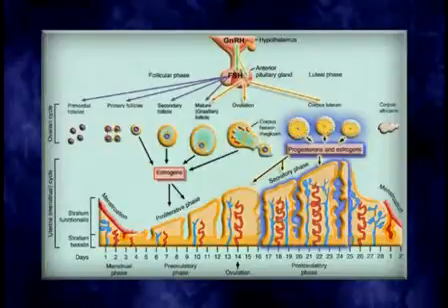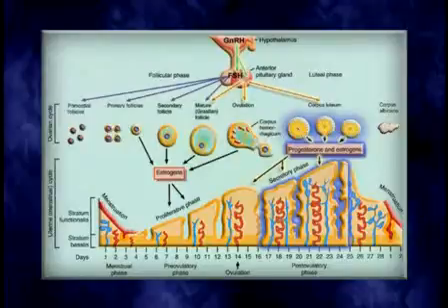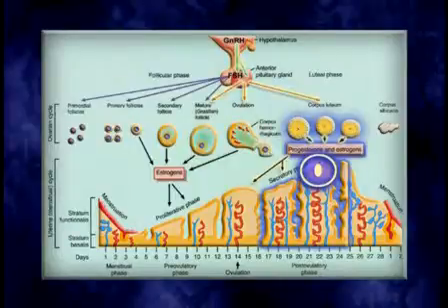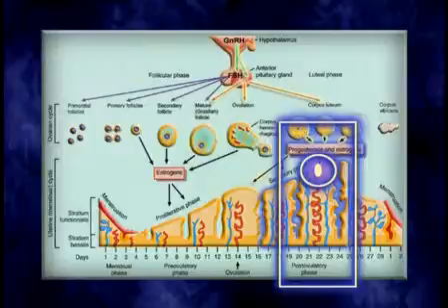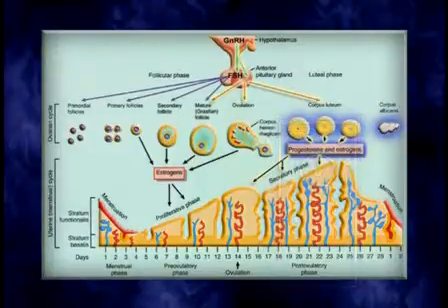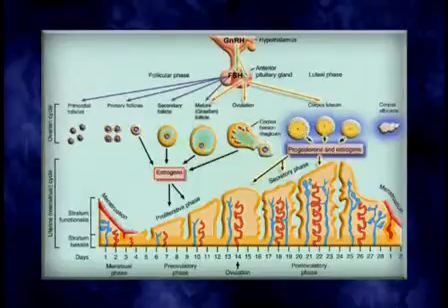If fertilization occurs and the fertilized ovum and sperm material finally do enter down here, this will be perpetuated for a normal pregnancy. However, this slide shows the absence of that. We have a luteal phase here where the corpus luteum is trying to nurture the endometrium.